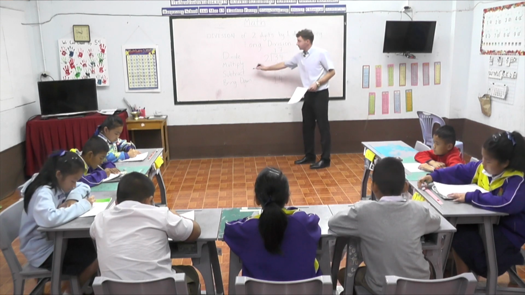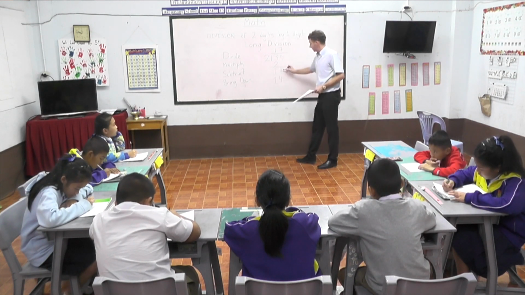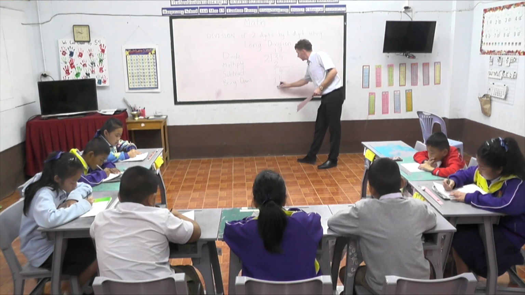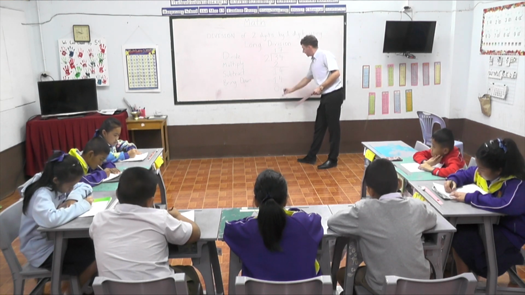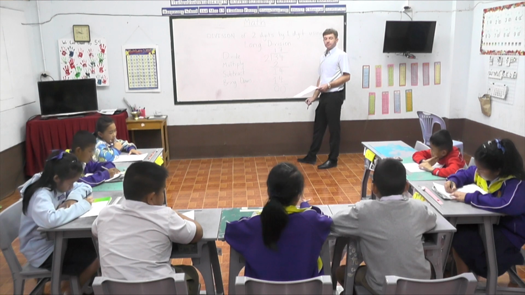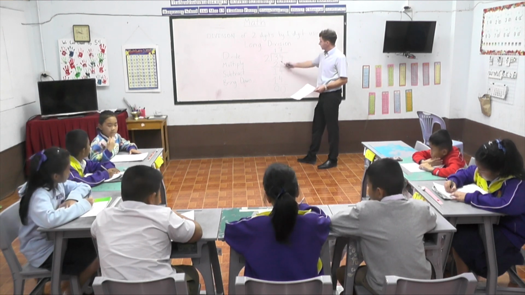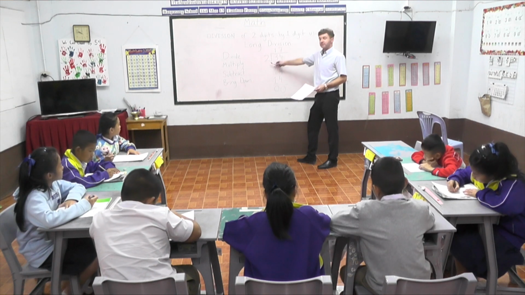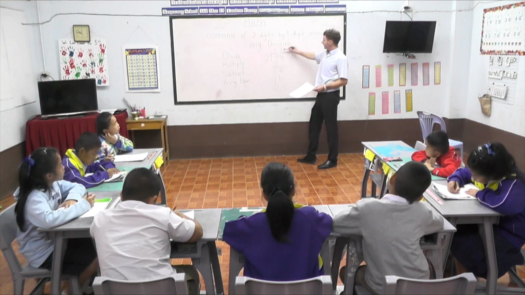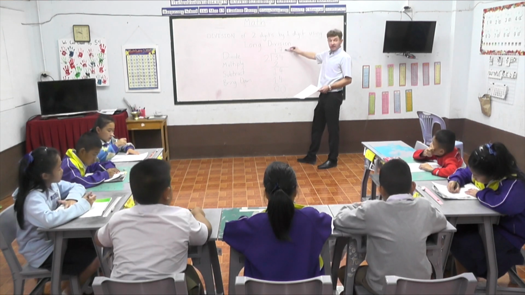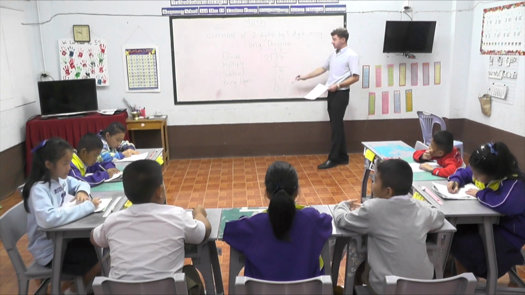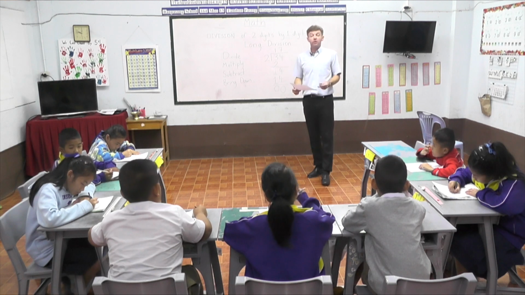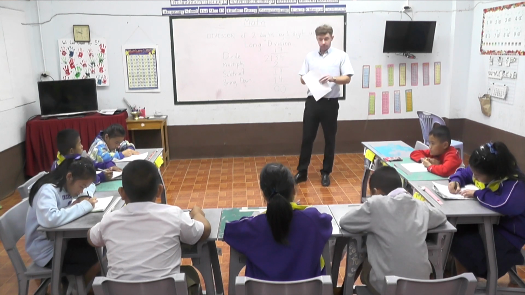So now, step 3. 14 minus 14 equals 0. So once we get to 0, what do we know? We're done. 34 divided by 2 equals 17. There you go, guys. That's the answer to equation number 1 using long division.